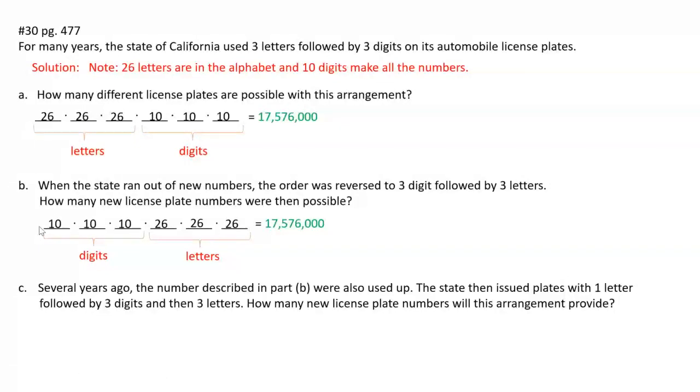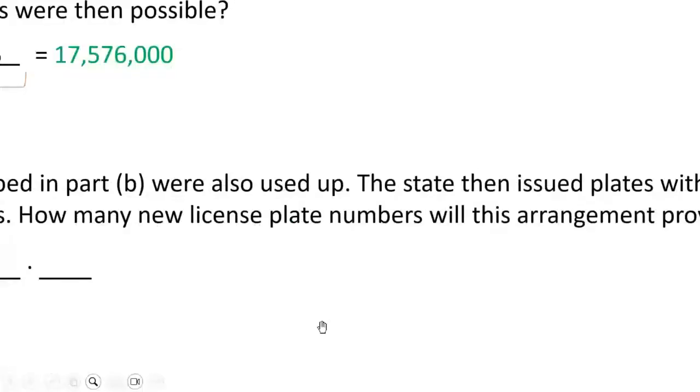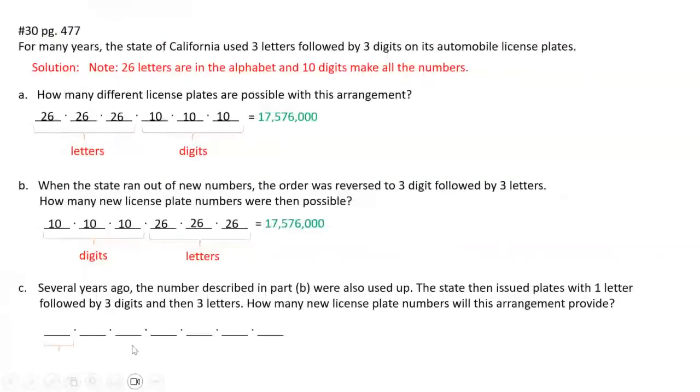You're going to be surprised how many license plates are possible with this arrangement just by adding 1 single letter. Right, there's my letter that they added. Let me go back. There's my letter. Those are my digits, and the other letters. So it'll be 26 times 10 times 10 times 10 times 26 times 26 times 26.